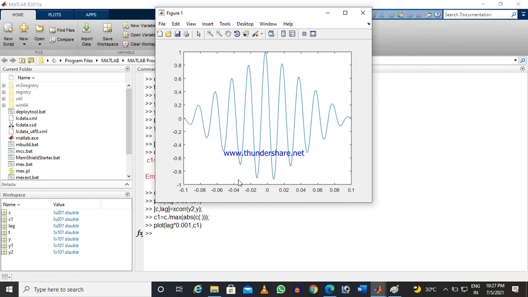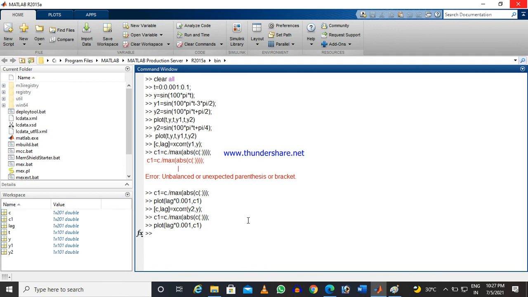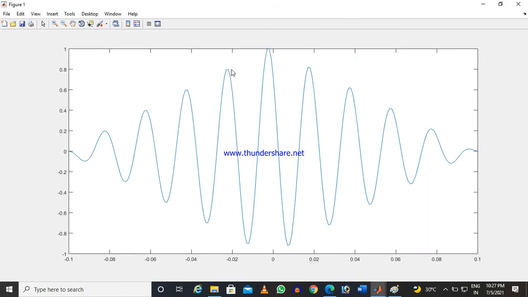Let us plot it. So where is this peak coming? Here only this peak is coming. So you see, exactly it is around 2.25. I am not able to point it out, but it is 2.25 milliseconds.